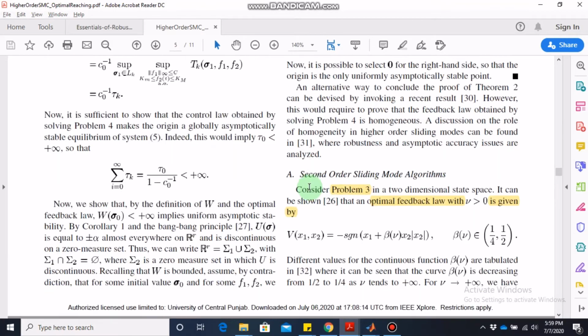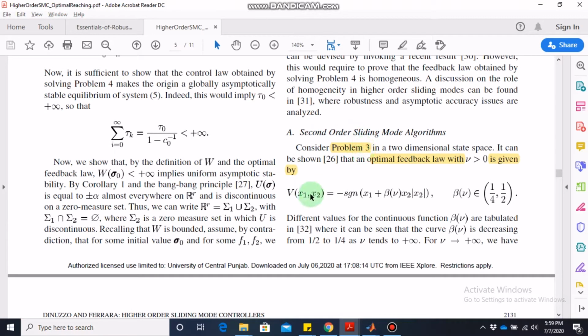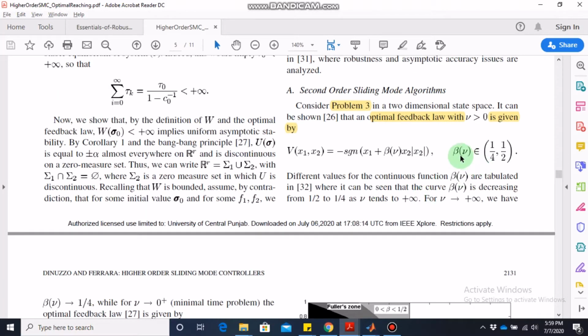So in this subsection, they have presented a control law from reference 26, which can be used for second order systems. This control law v of x1, x2 is for second order systems where we have only 2 states, x1 and x2, and this control law is equal to minus sign of x1 plus some function beta of v times x2 times the absolute value of x2, and the beta function belongs to the range 1/4 to 1/2.